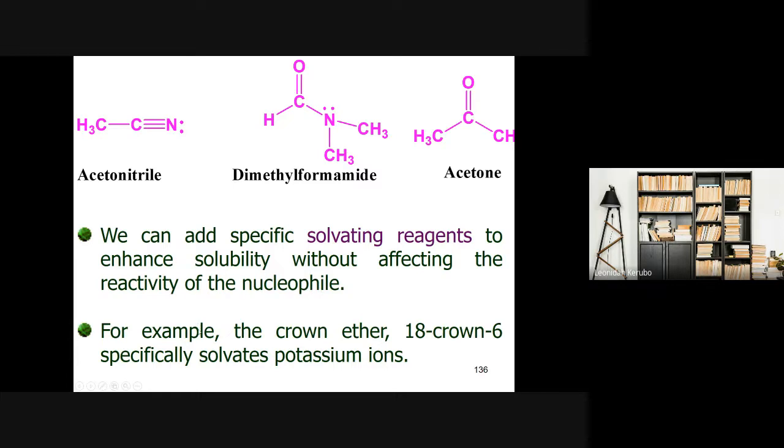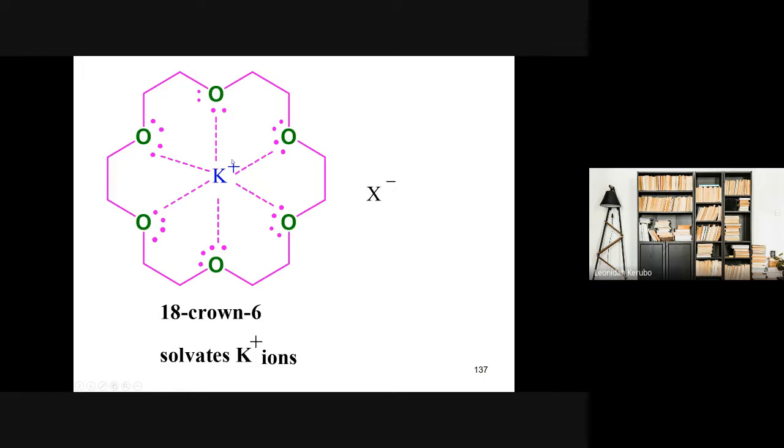For example, you have what is known as crown ether. This specific one is 18-crown-6, which specifically solvates the potassium ions. If the potassium ions were not solvated, potassium halide would form, dragging the halide ions from attacking the electrophilic carbon from the backside.